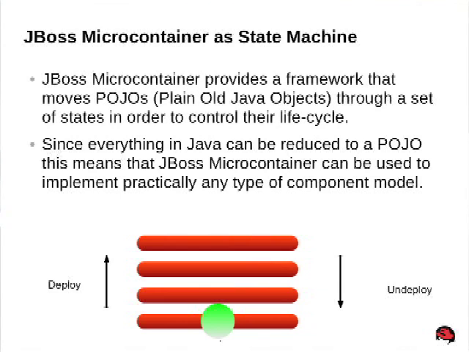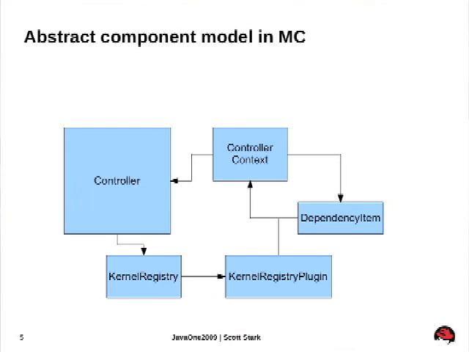So there's really only a handful of classes that define that core layer, those being the controller. The controller is basically what defines the state model for a given component layer. The controller context effectively is a representation of a component in that state machine, and it holds stuff like what the actual runtime component is, the target.